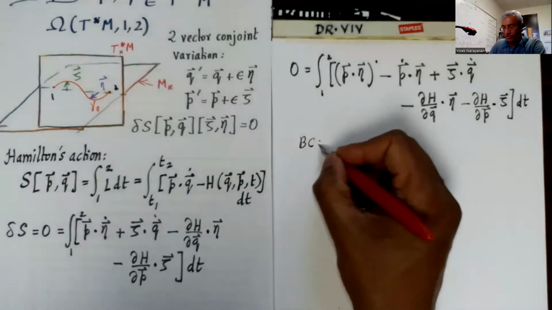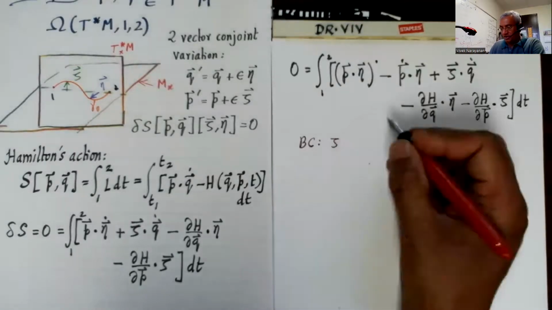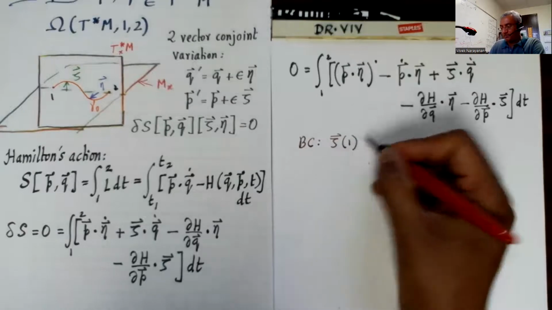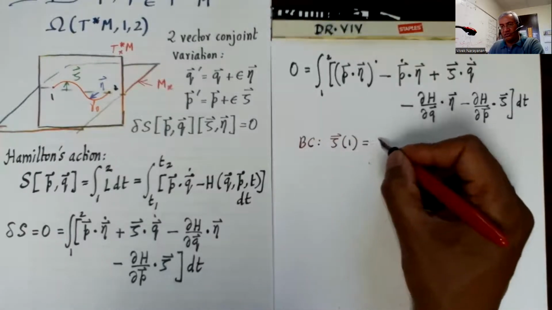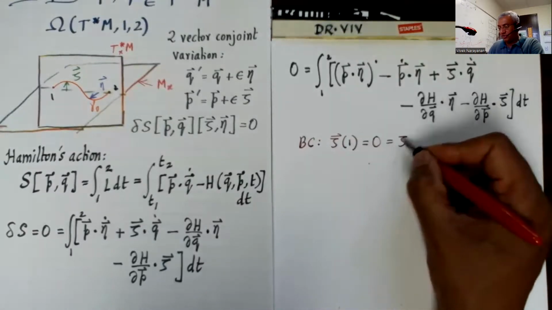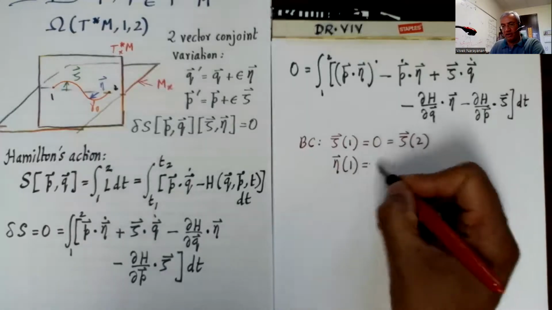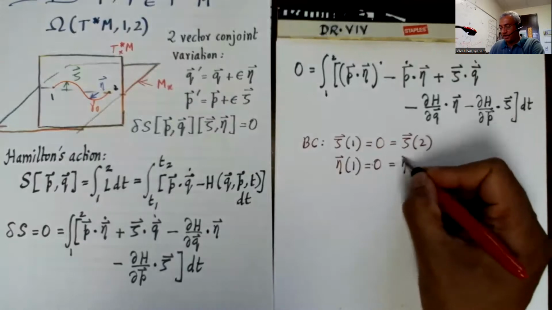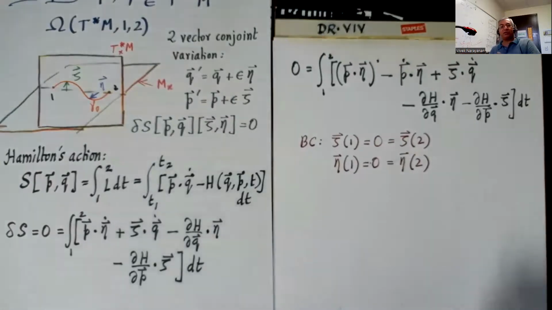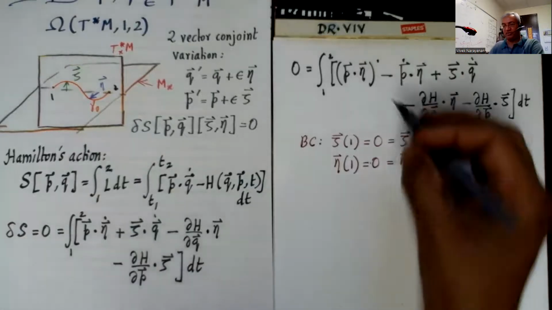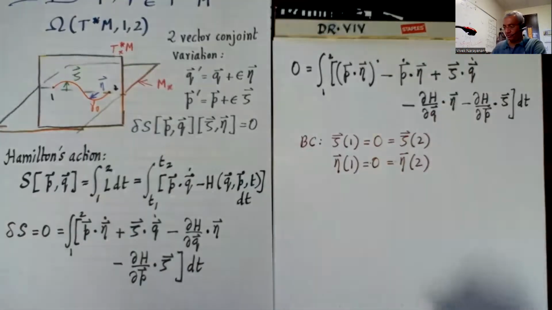The boundary conditions are zeta at 1 equals 0 equals zeta at 2, and eta at time 1 equals 0 equals eta at time 2. So now we have those boundary conditions imposed, and this total derivative term will simply be 0.